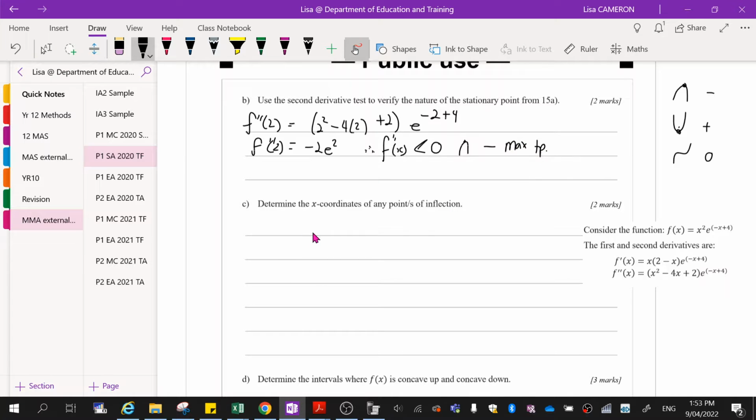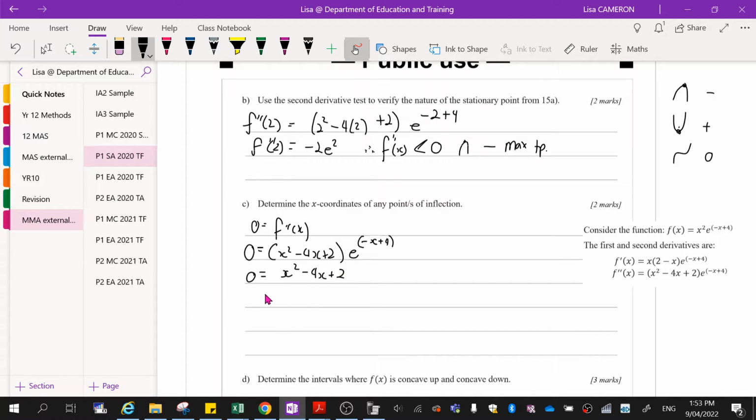Determine the coordinates of any points of inflection. So to find a point of inflection, I let the second derivative equal 0 and find out where that point is. So 0 is going to be equal to x squared minus 4x plus 2, e to the power of minus x plus 4. So null factor rule, I just let each bracket equal 0.